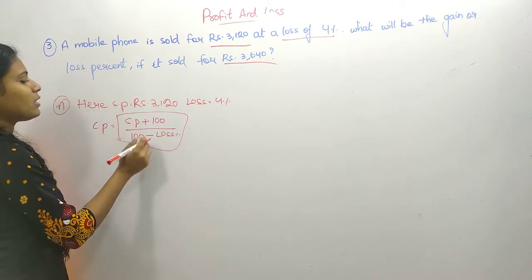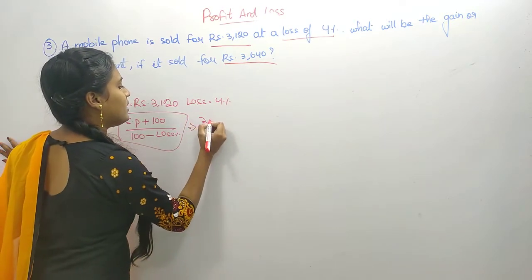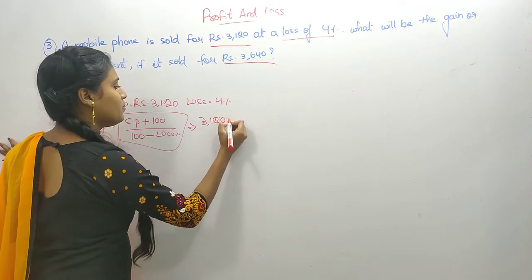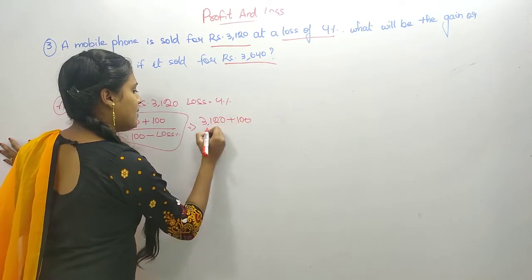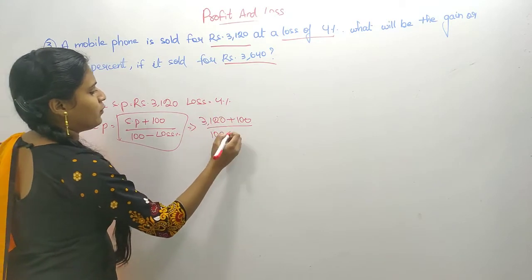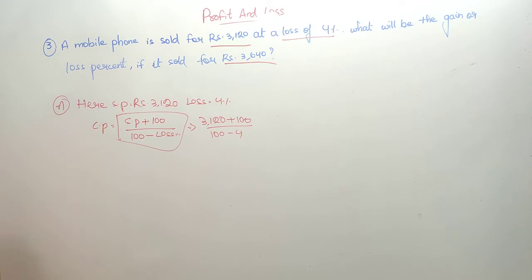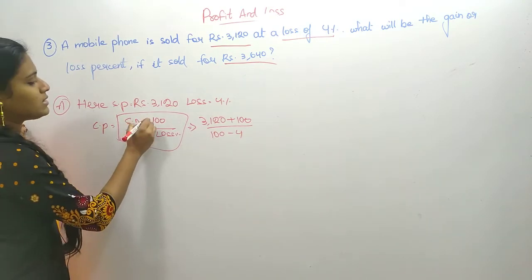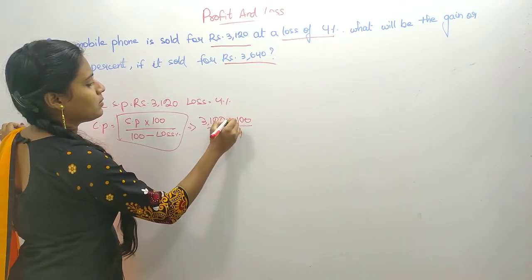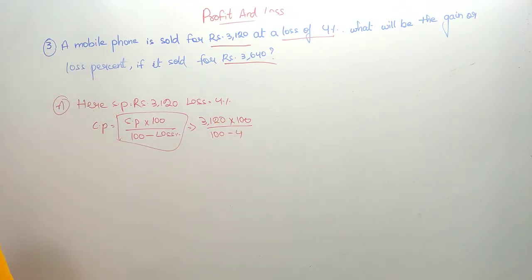Substitute this in the formula. Selling price is 3,120 into 100 by 100 minus loss percent, which is 4. Okay, we substituted it: SP into 100 by 100 minus 4. Now we just substituted this in the formula.